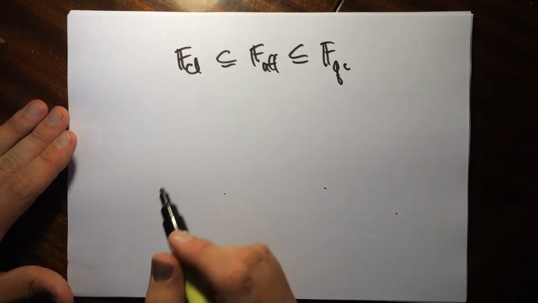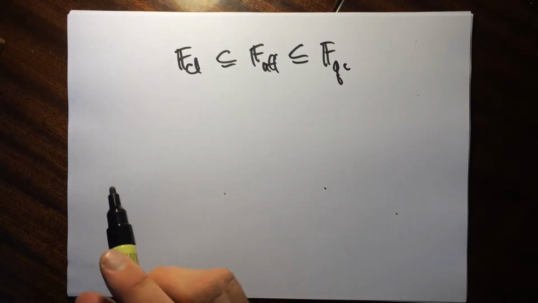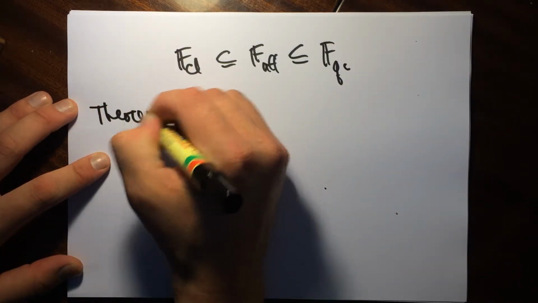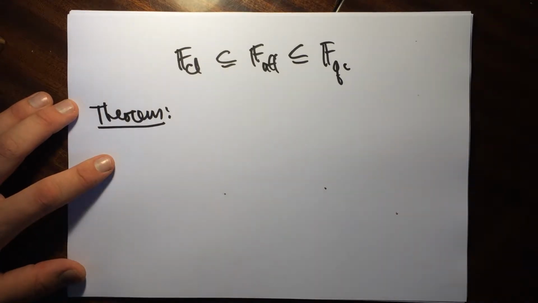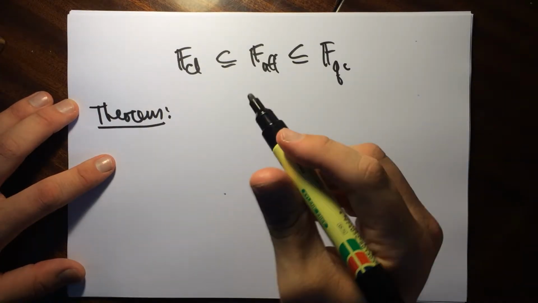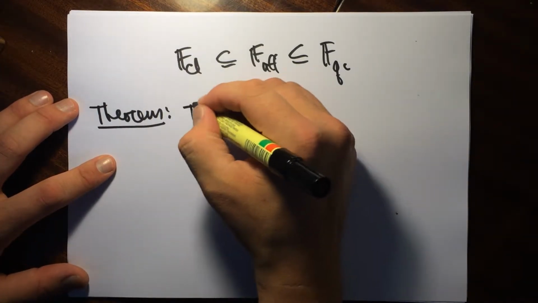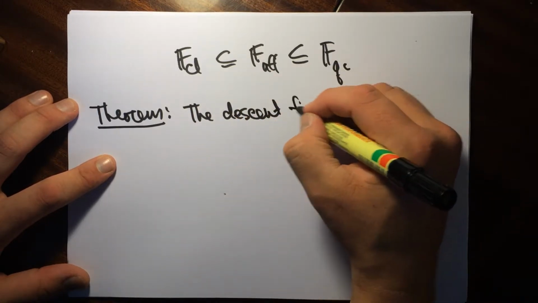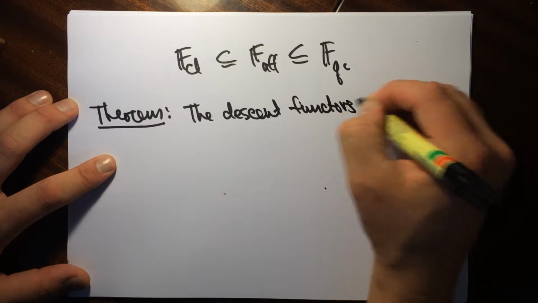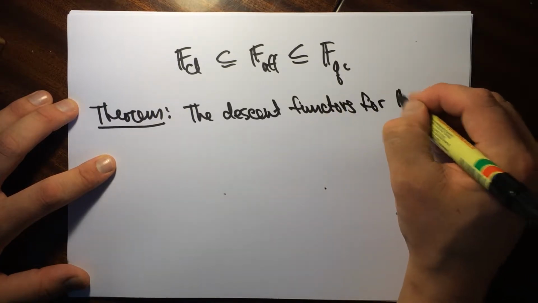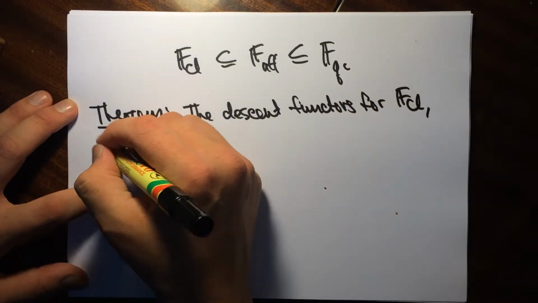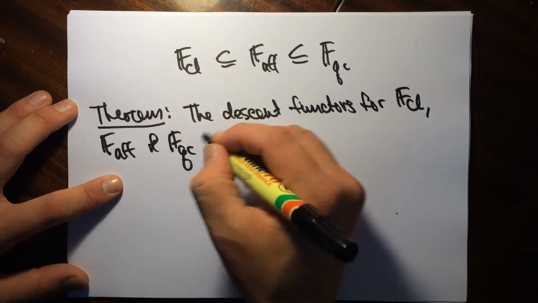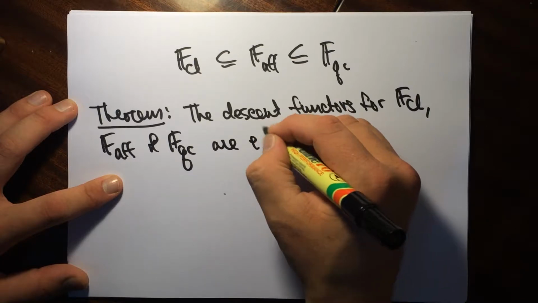And it'll turn out that there's a kind of a theorem: the descent functors for F closed, FF, and FQC are effective.